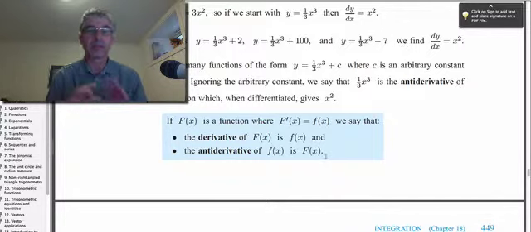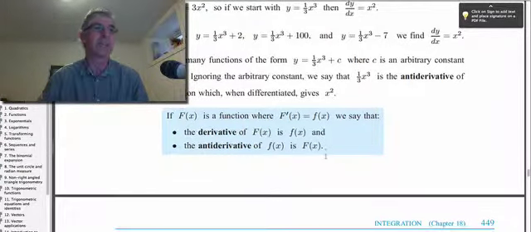So we've got our function little f of x, as we're used to using that function notation now. The derivative we can write as f dashed of x, and the antiderivative we can write as big F of x. We won't use that symbol so much once we get into actually using the integration symbol, but for now that's a very useful way to describe the antiderivative, or to write it.